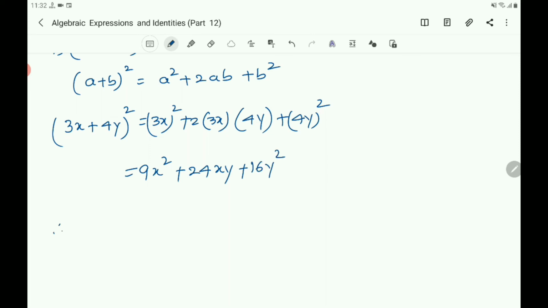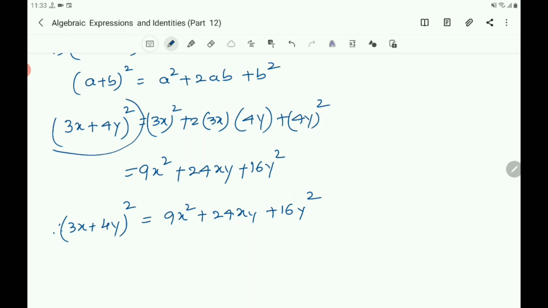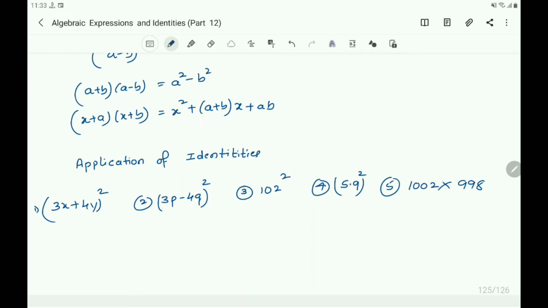Therefore you got that 3x plus 4y whole square equals 9x square plus 24xy plus 16y square. 9x square plus 24xy plus 16y square, that is the expansion of 3x plus 4y whole square. Then second one you take 3p minus 4q whole square.